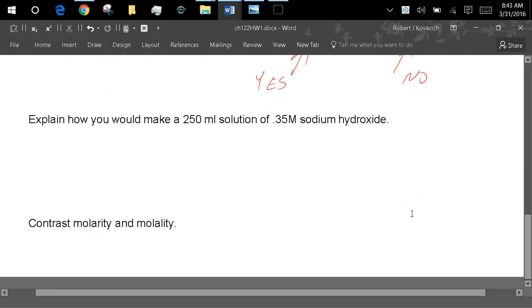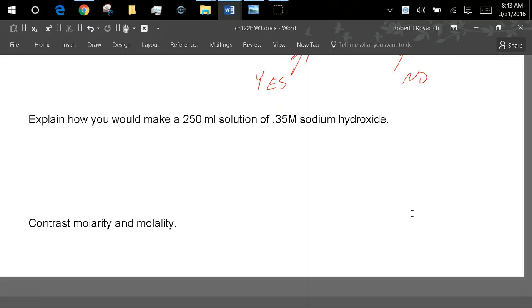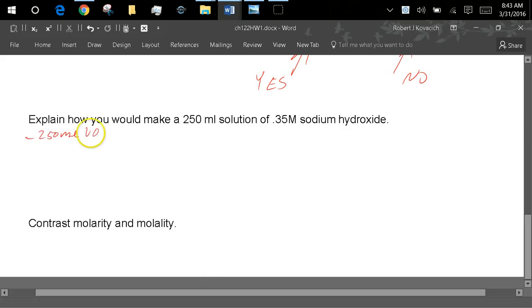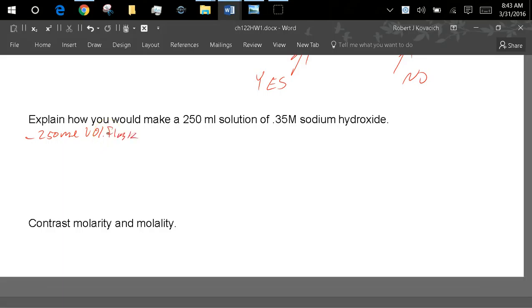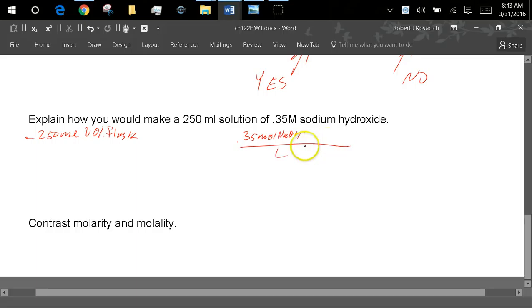Okay, explain how you would make 0.35 molar sodium hydroxide solution. So I need to get a 250 milliliter volumetric flask. Let's start there. And I need to know how many grams of sodium hydroxide to get. So I'm going to say 0.35 moles NaOH per liter.